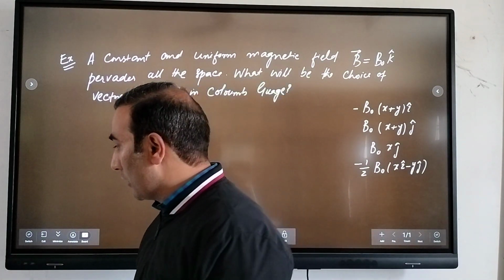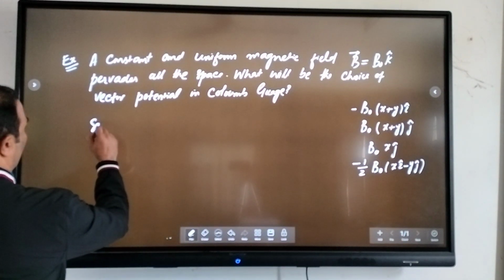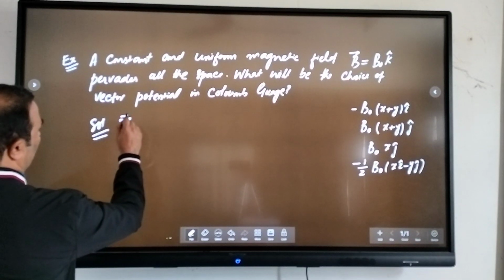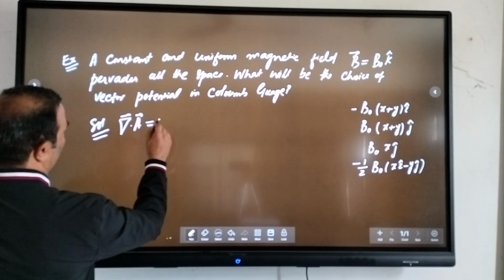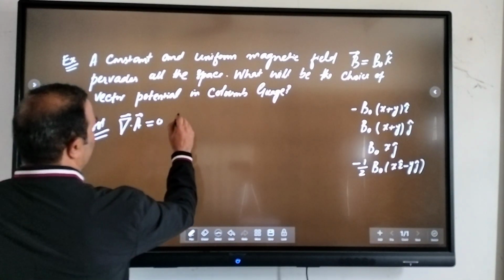So first of all, you know that if we write, what is the condition for the Coulomb gauge, that nabla dot A vector should be equal to 0, right? So this is the Coulomb gauge condition.